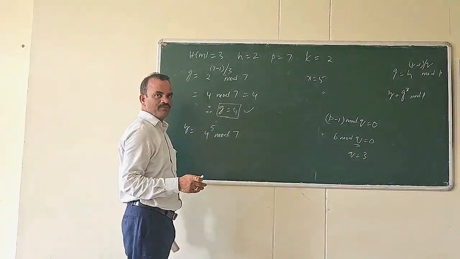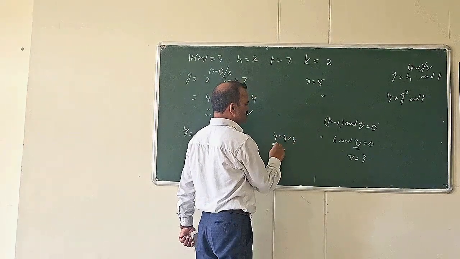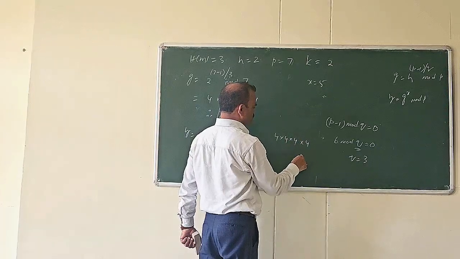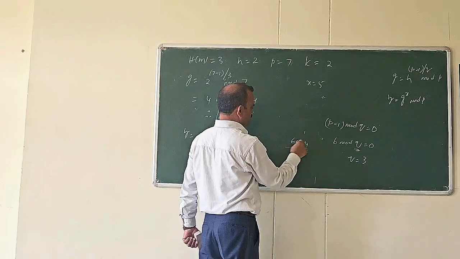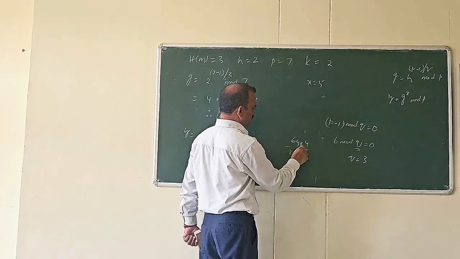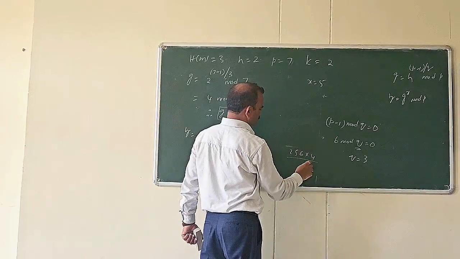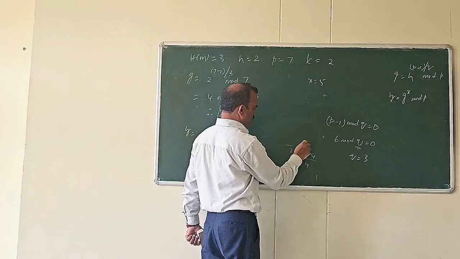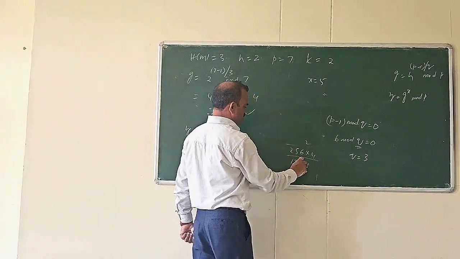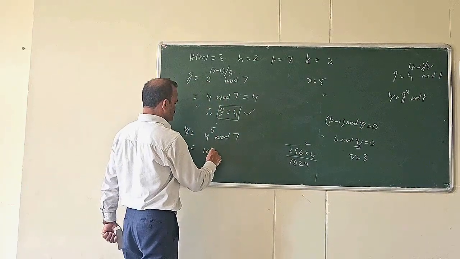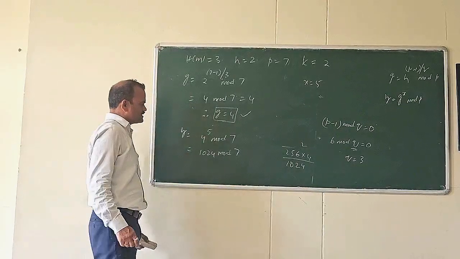So 4 power 5. 4 times 4 is 16, 16 times 4 is 64, 64 times 4 is 256, 256 times 4 is 1024. So this is equal to 1024 mod 7. So 1024 mod 7 simplify.